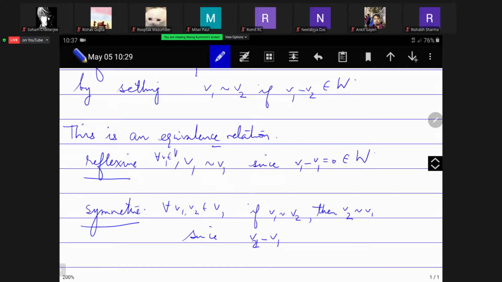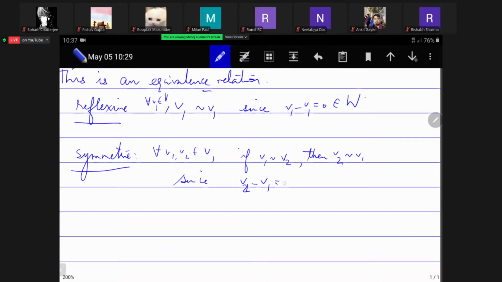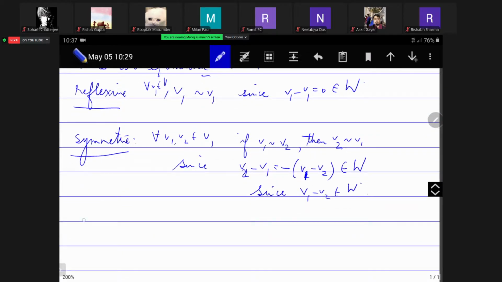But V2 minus V1 is a vector inside V. It is the negative of the vector V1 minus V2. And V1 minus V2 is inside W, and W is a subspace, so any scalar multiple is also inside W. So this is symmetric.